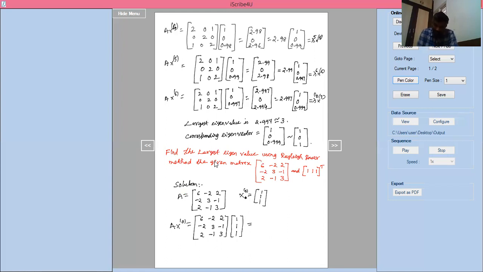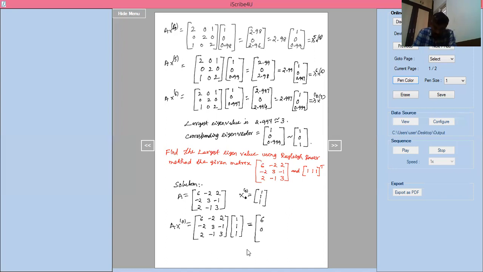If you multiply this, 6 into 1 is 6, minus 2 into 1 is minus 2, 2 into 1 is 2. So 6 minus 2 plus 2, the first element should be 6. Then similarly multiply minus 2 into 1, 3 into 1, plus 1 into minus 1, you will get 0.